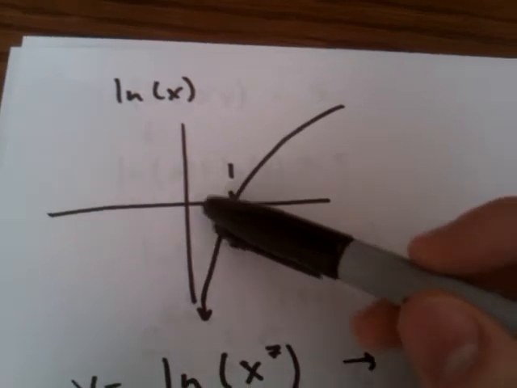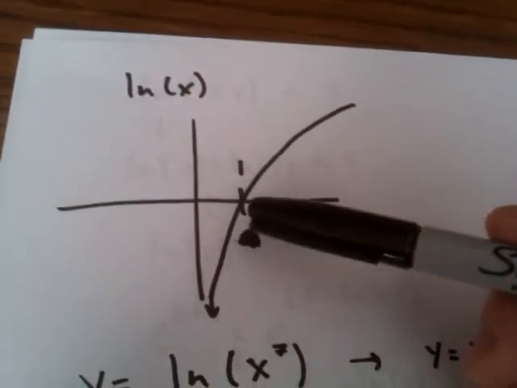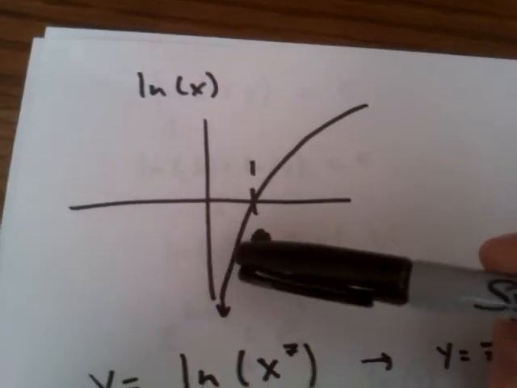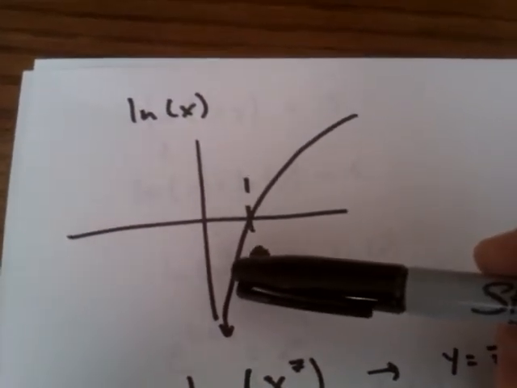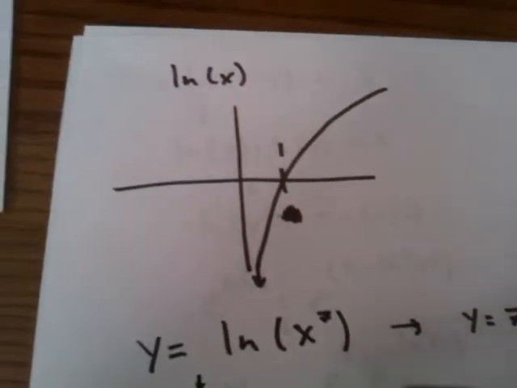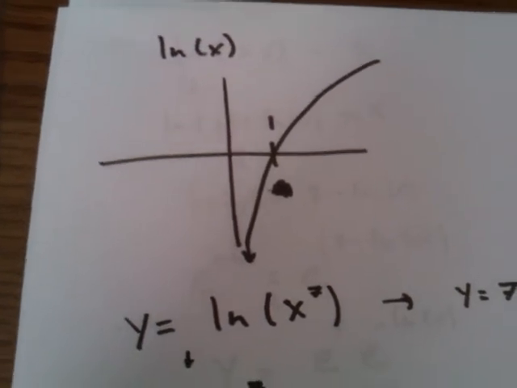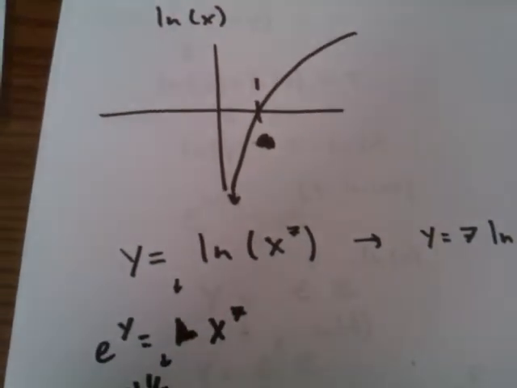So you can't have the log of 0. It's minus infinity, and you can't really have the log of a negative number unless you get into imaginary numbers, which I'm not going to get into.